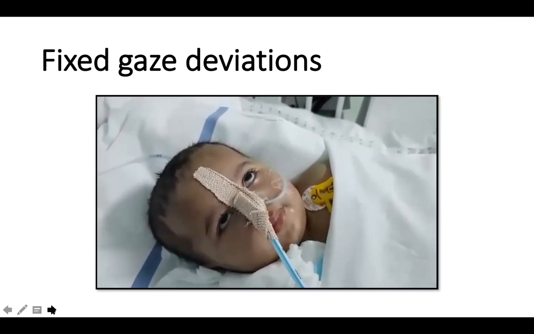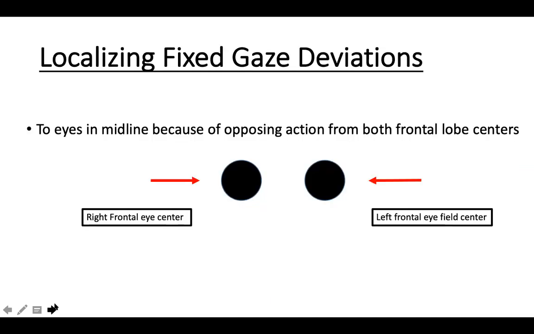For the eyes to be kept in the midline, you need the opposing action of both frontal lobe centers. There are frontal eye field centers which keep your eyes in the midline. Let us give an example. If your right frontal eye field center is very hyperactive and stronger than the left side, it will push the eyes towards your left side.